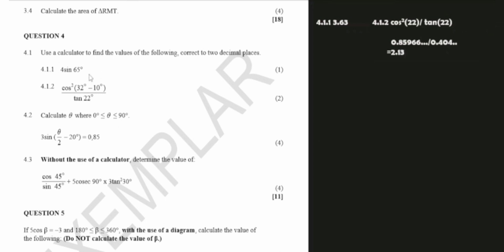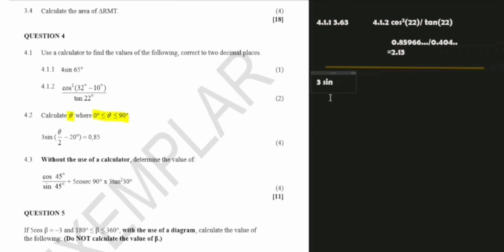It says calculate theta where theta is between 0 and 90 degrees. So it says 3 sine open bracket theta. For theta, let me use a different sign.